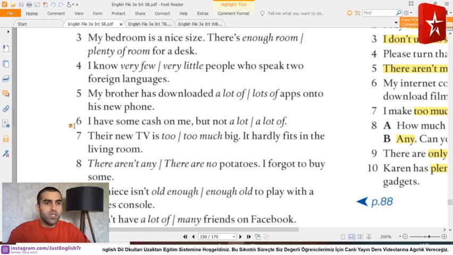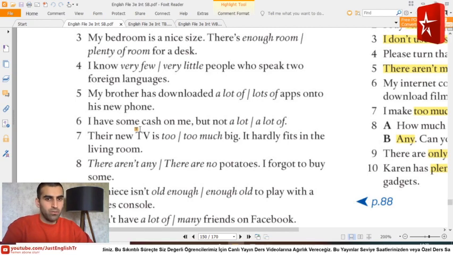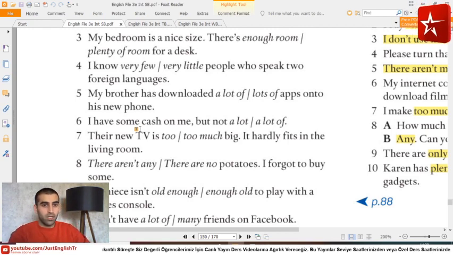Number 6. I have some cash on me, but not a lot or a lot of. Which one?